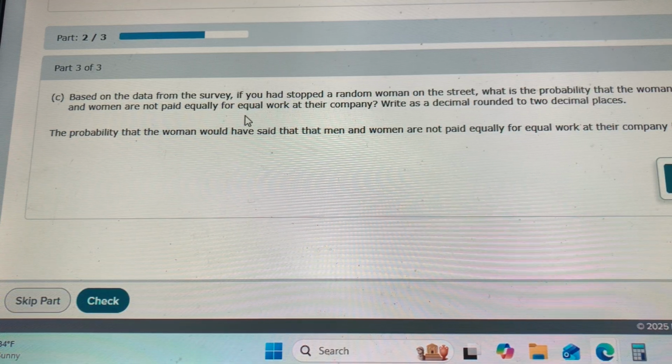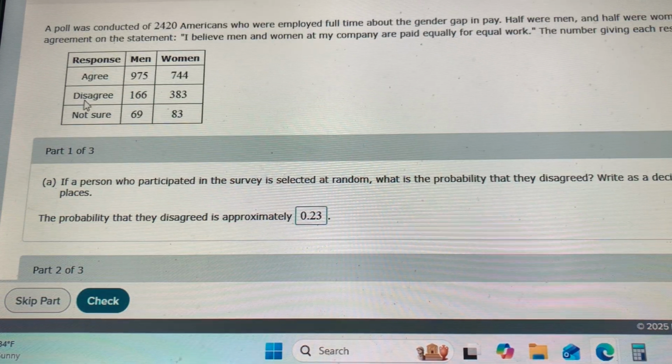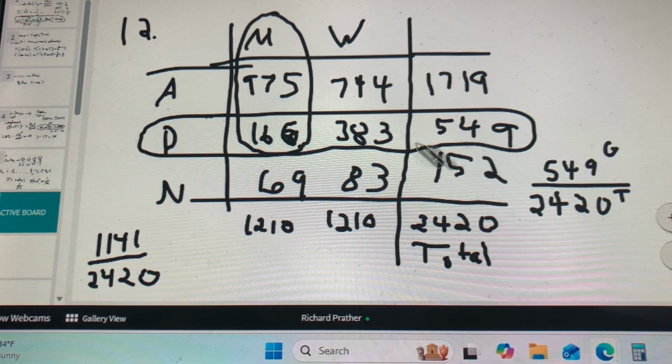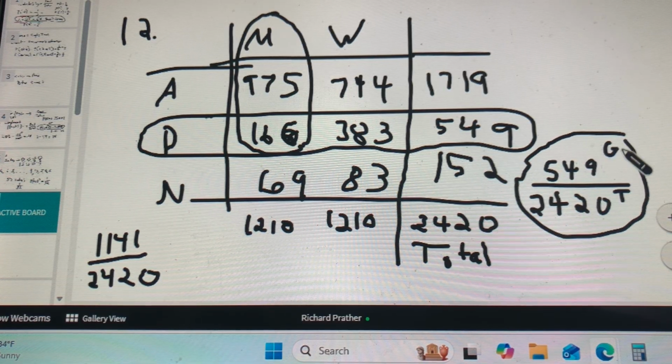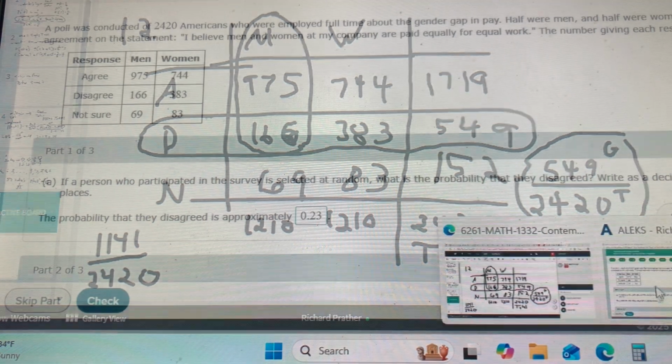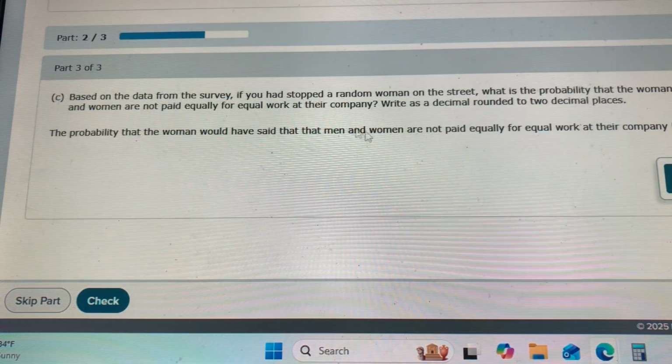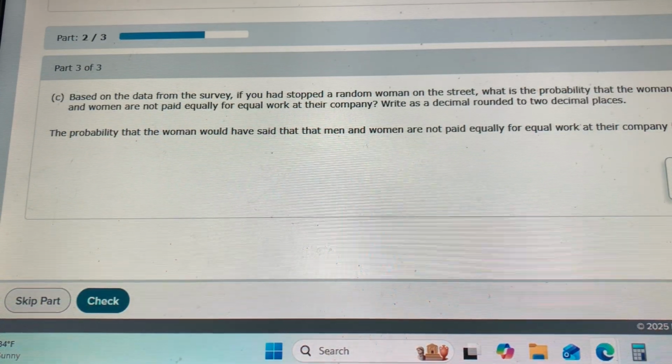So that means she disagrees with the statement. And it's not that she has no opinion either. She feels that they're not paid equally. So this is all the people who disagree, basically. And we actually answered that one already. That was the same answer as this right here, 549 divided by 2420. So it should be the same as the part 1 answer. Just by coincidence, it happens to be the same. So 0.23.